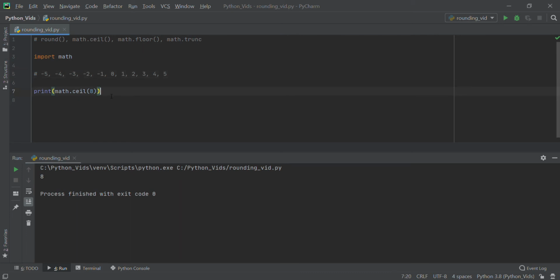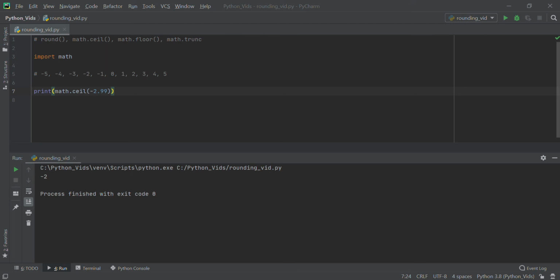Okay, well, if you were to do math.ceil of negative 2.99, where is negative 2.99 on our number line? It's right here, just after -3. What's going to happen? Is it going to give you a -2 or a -3? It gives you a -2. And that makes sense, because remember, when you're dealing with negative numbers, -2 has a greater value than -3. It's closer to positive infinity than -3 is. And so it's a greater number, so if you're looking for the ceiling, it's going to trend to the right on your number line.